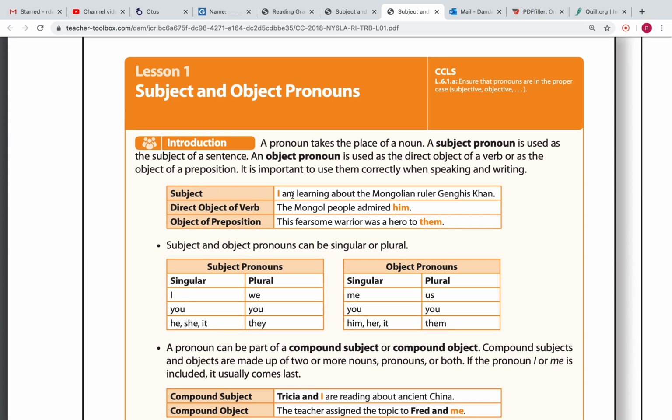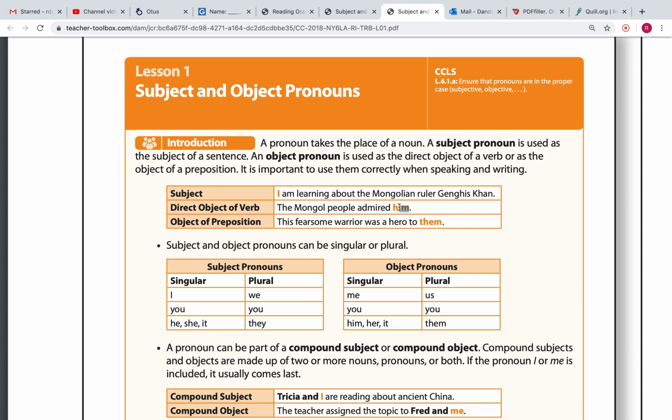So, in the sentence, I am learning about the Mongolian ruler Genghis Khan, I is the subject, right? In the sentence, the Mongol people admired him, the word him in this sentence is the direct object of the verb, right? Because the verb is admired, right?